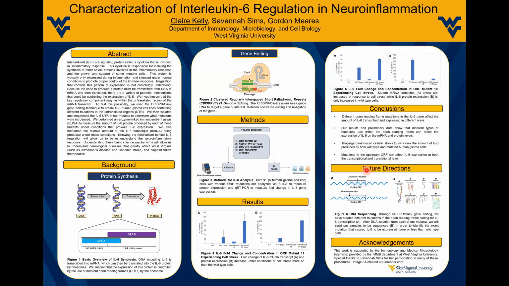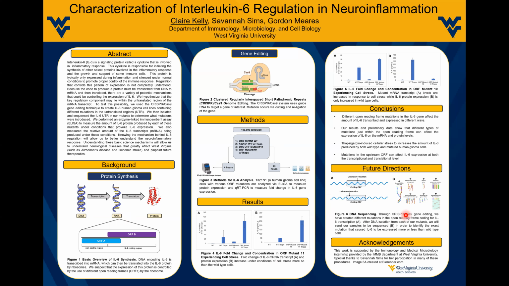We also, as I went over, know that these different mutations can affect the outcome at both the transcriptional and the translational level, depending on the specific mutation and what that's doing at a molecular level.